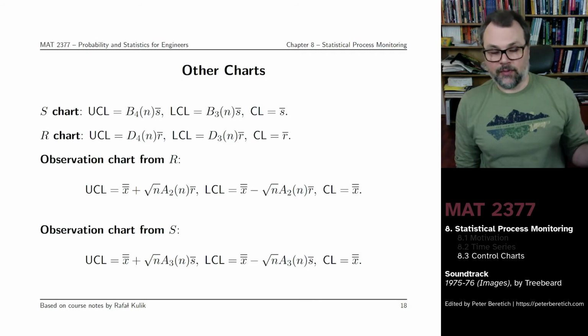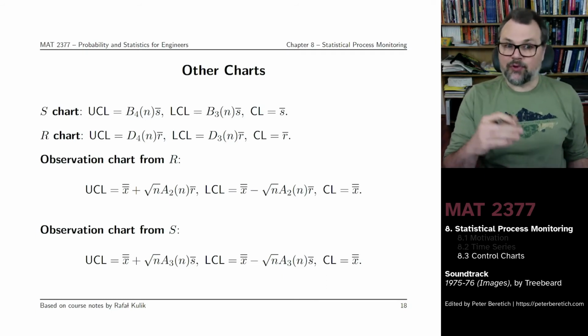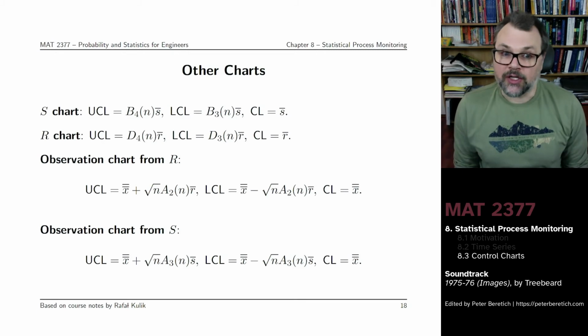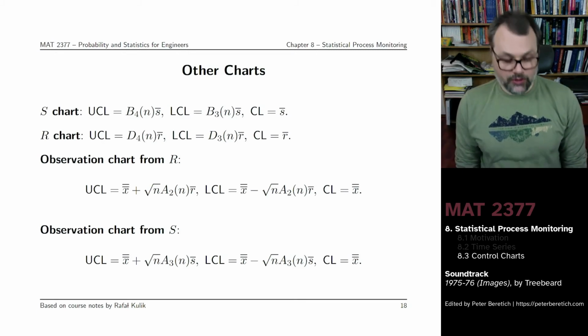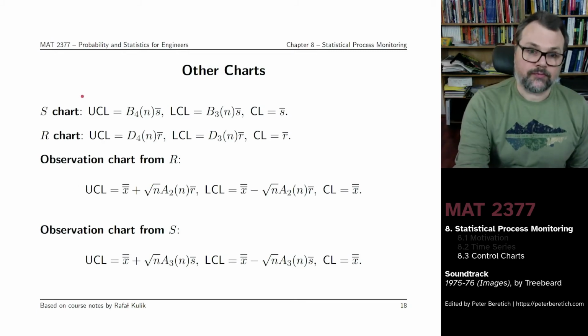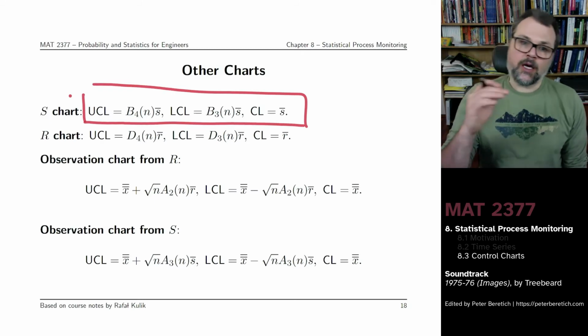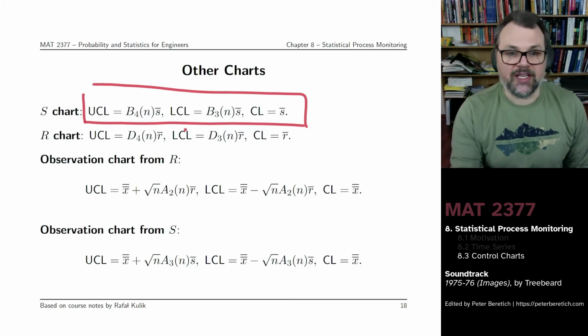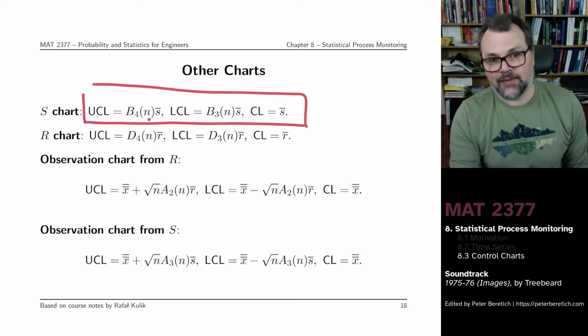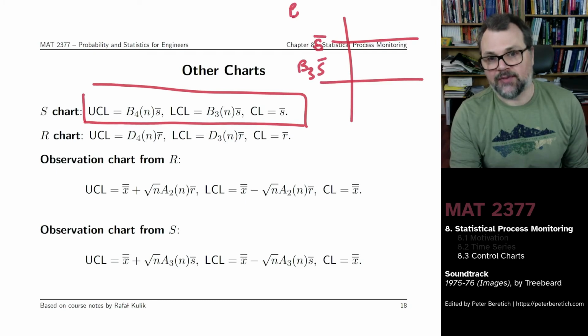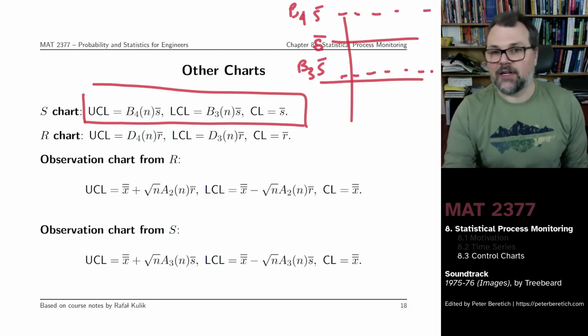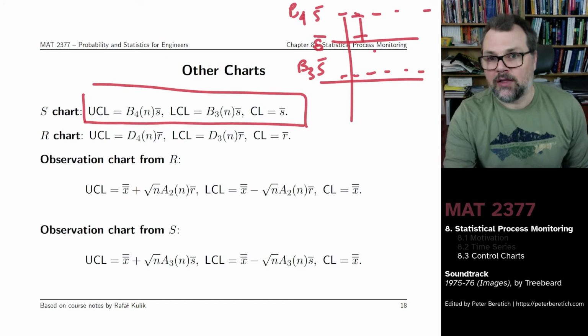There's other charts that you can build. Instead of monitoring the sample mean, you might be interested in monitoring the standard deviation, in which case you would use a different control chart. The center line here would be the mean standard deviation, S bar, which you compute from the data, and the upper control limit and lower control limit would be given by B4N times S bar and B3N times S bar. And here, perhaps it's not clear from my drawing, these do not have to be the same length.